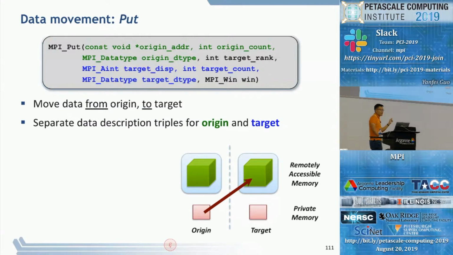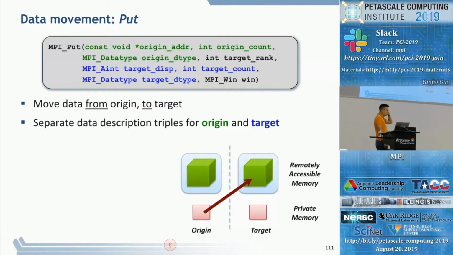This displacement is essentially the index to the element of this array-like layout. And you have a target count and target data type.